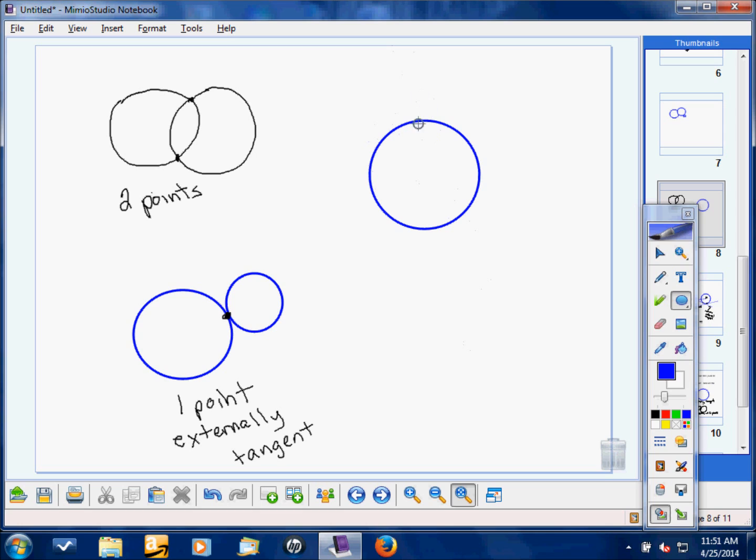No, that would still be on the inside. Yeah, if we drew a circle inside and it intersects at just one point, this would also be tangent. So it also intersects at one point and it's internally tangent.